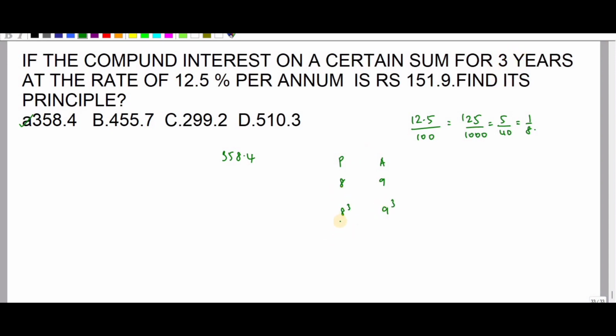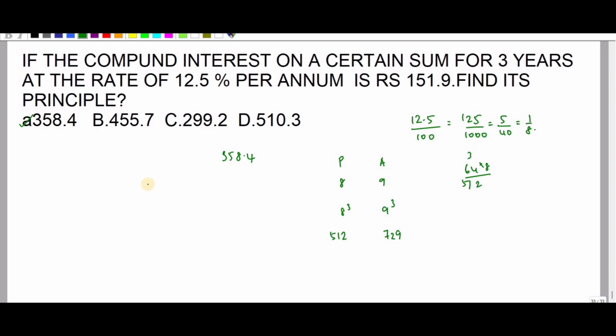9 power 3 is 729. 8 power 3 is 64 into 8, that is nothing but 512. So 512 is my principal and the amount is 729.